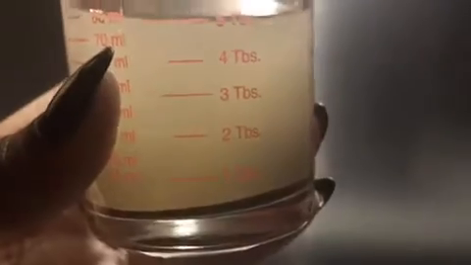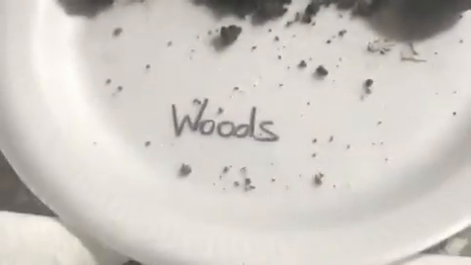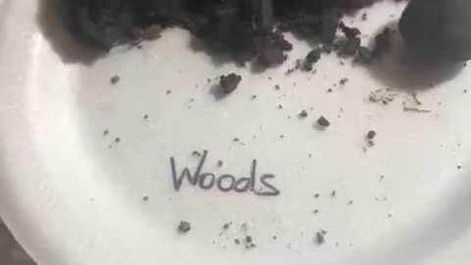Okay, the soil sediment on the bottom of the graduated cylinder from the wooded area is less than the soil sediment that was on the bottom of the cylinder with the tilled field. To me, this shows that the soil aggregate within the tilled field is less compared to the one from the wooded area.